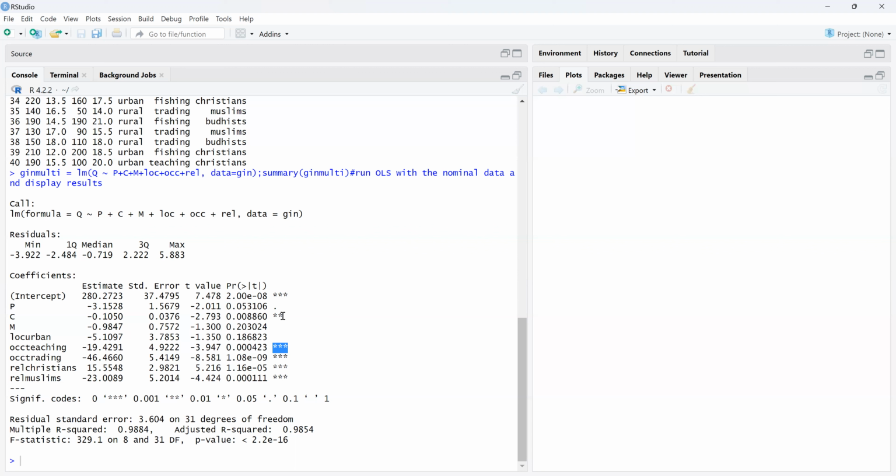Double star means that the independent variable is significant at 1%. One star means the independent variable is significant at 5%. And a dot means that it's significant at 10% and not 5%. So you can see that price is not significant at 5%, but significant at 10%.